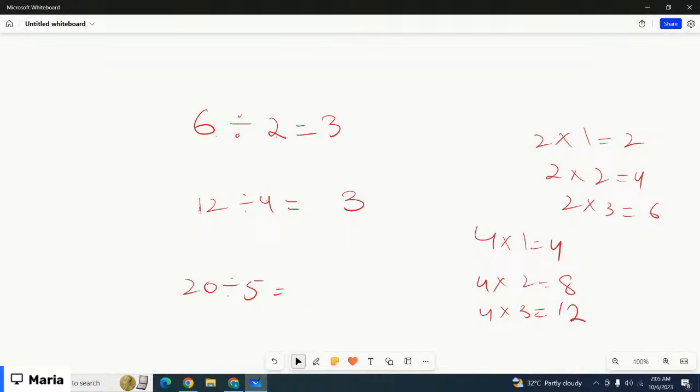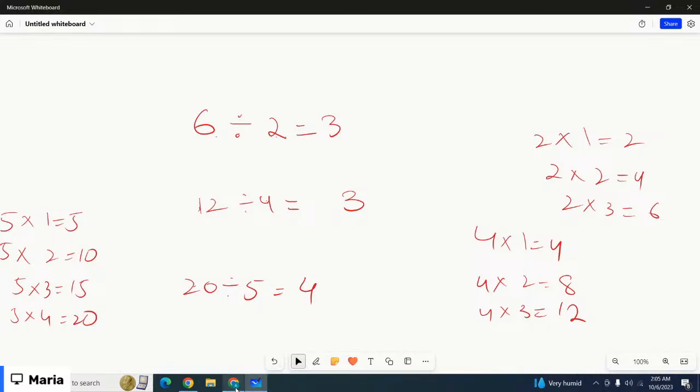No one is answering. You need to count a table of 5 until 20. 5 times 1 is 5, 5 times 2 is 10, 5 times 3 is 15, and 5 times 4 is 20. So the correct option is 4 when you divide 20 by 5.